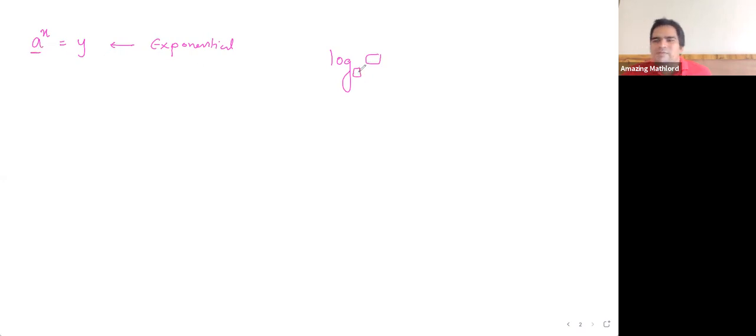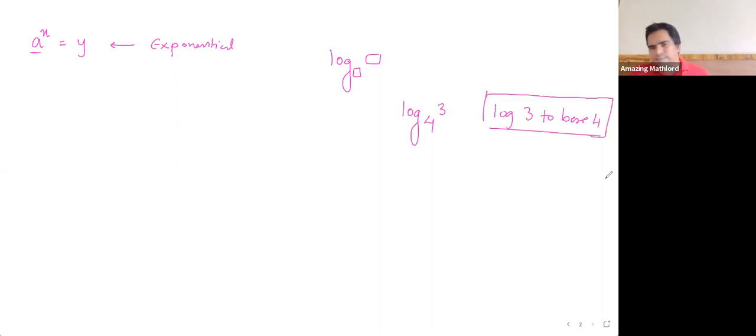In the same way, log will have a base; your exponent has a base a. Now, how do we read this? Let us say you have log of 3 to the base 4. You read it as log 3 to the base 4. This is how you read it.